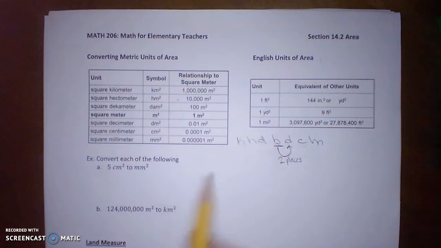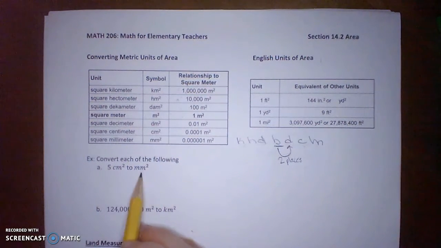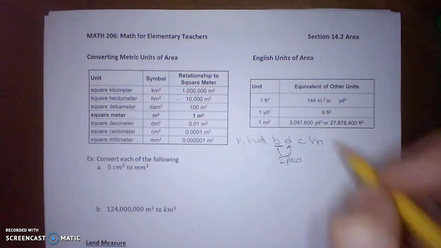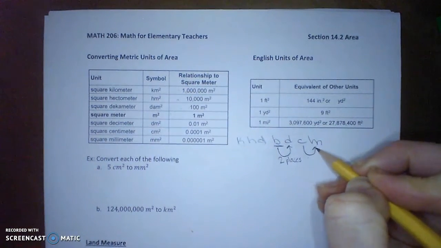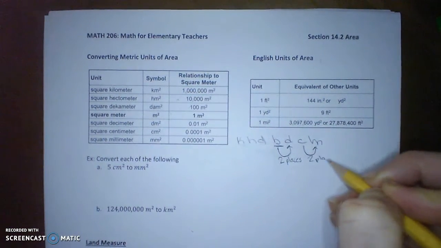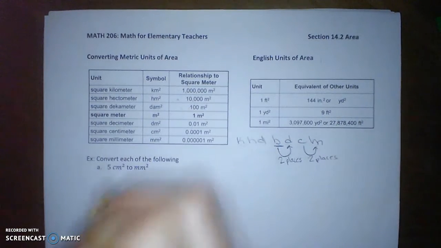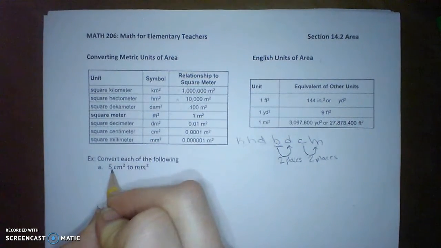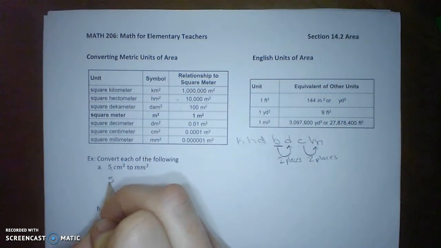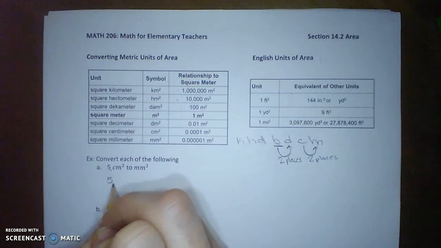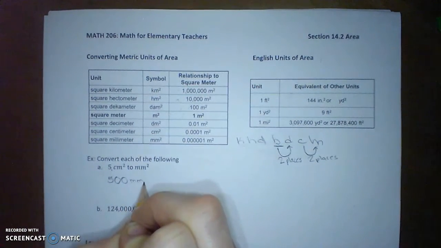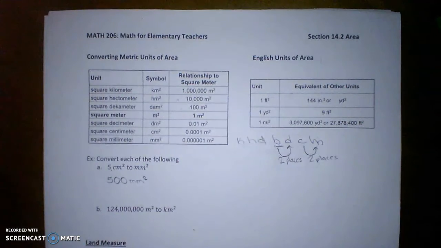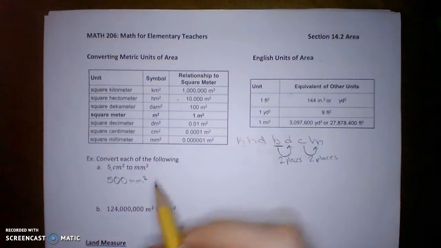All right, so thinking about that, let's convert the following: 5 square centimeters to square millimeters. So to go from centimeters to millimeters, that'll be 2 places to the right. So take that 5, the decimal point is after the 5, move that decimal point over 2 places, which adds 2 zeros. So that's 500 square millimeters.